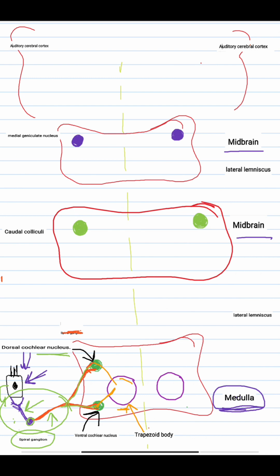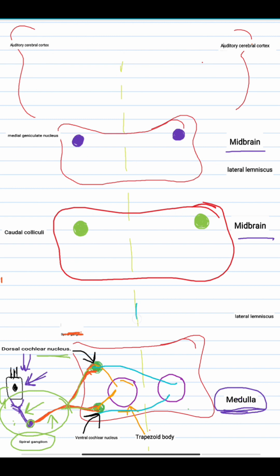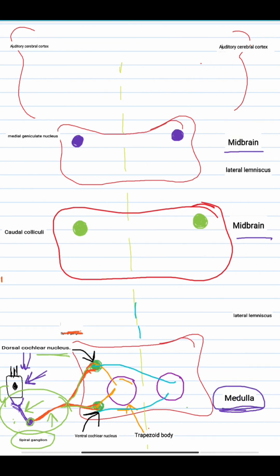The second type of nerve fibers leave from the nuclei to the trapezoid body of the other side, crossing or cutting the imaginary midline. The third type of nerve fibers leaving the cochlear nuclei move directly to what's called the caudal colliculi in the midbrain.